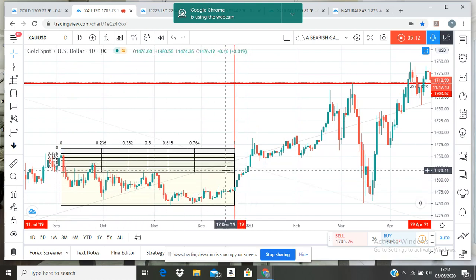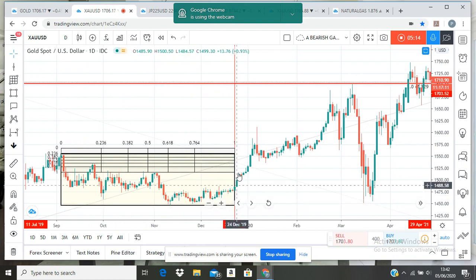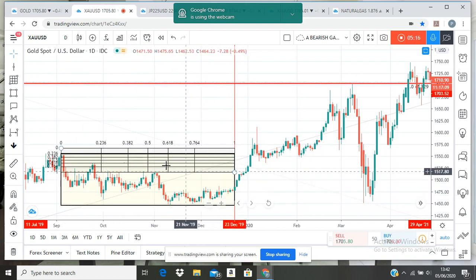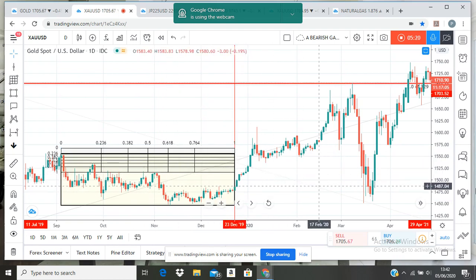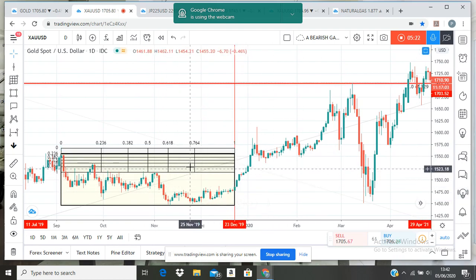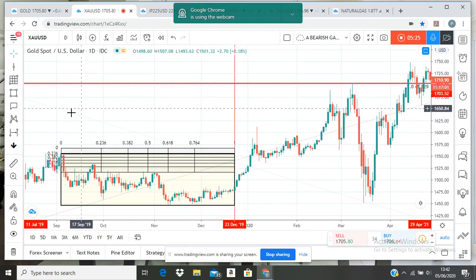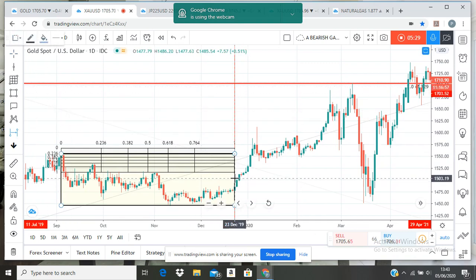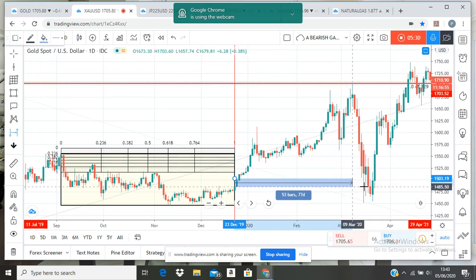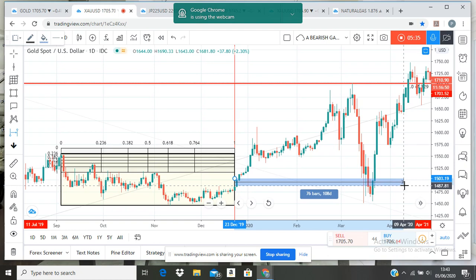what we do, actually, this square, we can project this square 6 times forward in time, and then 3 times forward in price. So we can measure another 109 days, 109 days, 109 days.